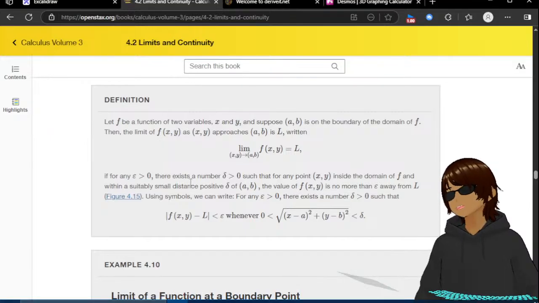Let f be a function of two variables, x and y, and suppose (a, b) is a boundary point of the domain of f.